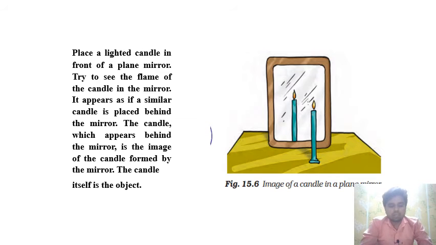You have to do this activity also. When we take a mirror and a candle, we can see the reflection of the candle in the mirror. The object which is outside is known as the object, and the reflection of the candle formed inside the mirror is the image.